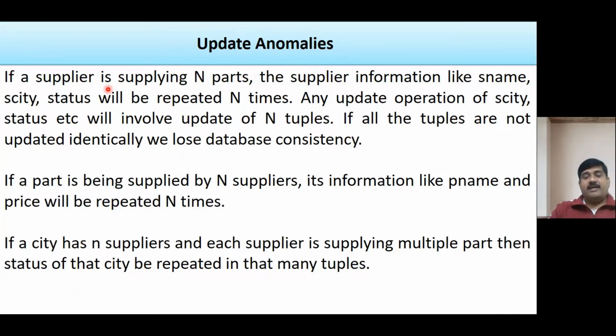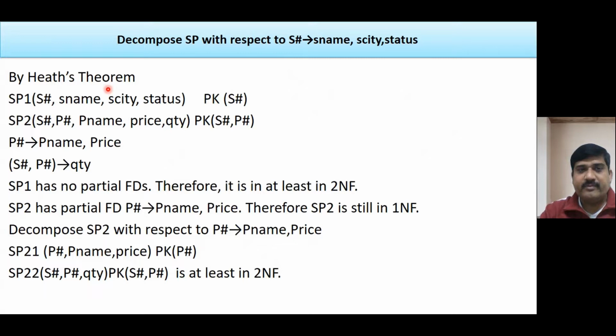So as you all know, the SP table is not in the second normal form. So there is a lot of redundancy and various anomalies. Now, if we decompose the SP table with respect to these anomalies, we take S number, S name, S city, status. Why? Because S number determines S city and S city determines status.